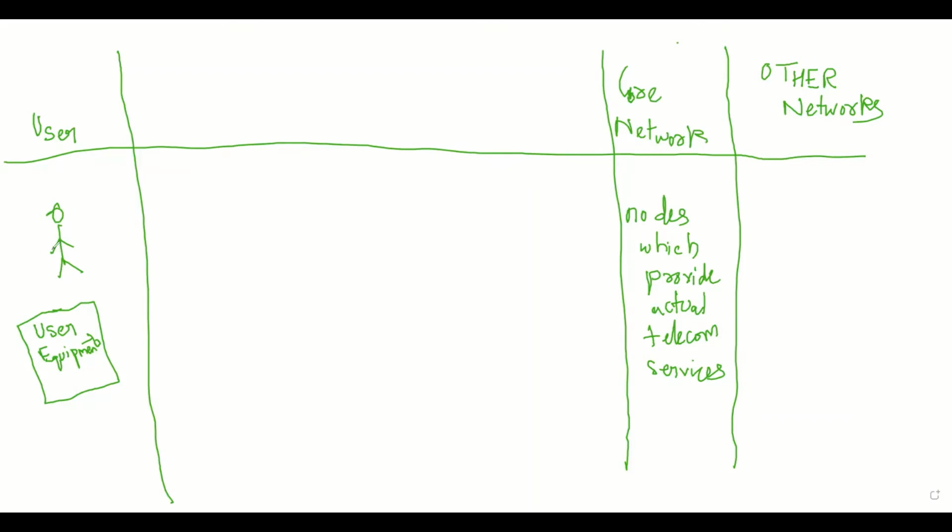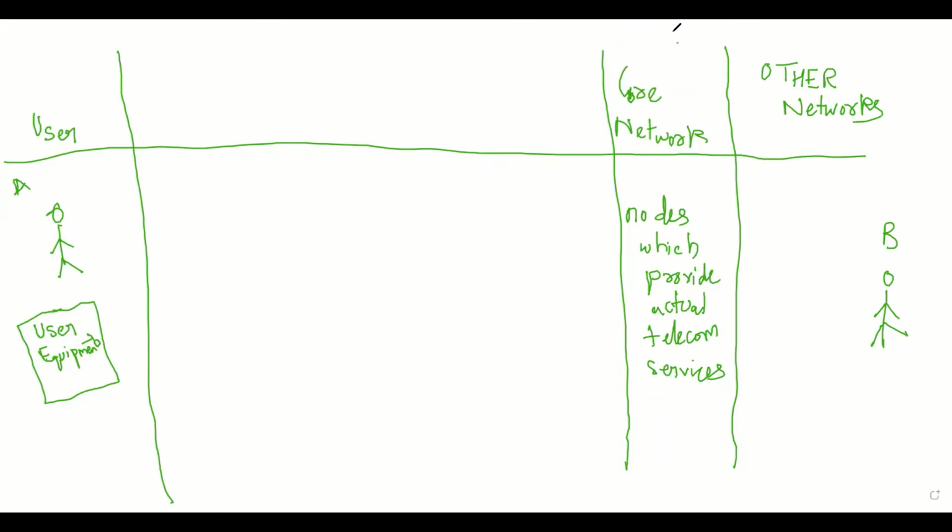Like, let's say if this guy is A and his friend is on another telecom network and his friend's name is B and he wants to talk to B. Let's say he needs to have a voice call with B. So the telecom network of A would need to interact with the telecom network of B in order to place the call and to provide that telecom service desired.